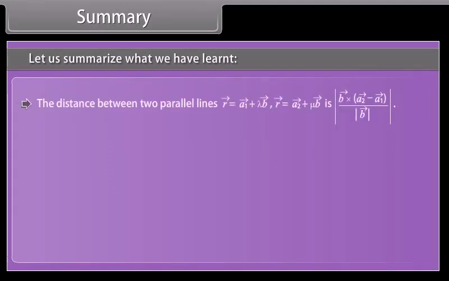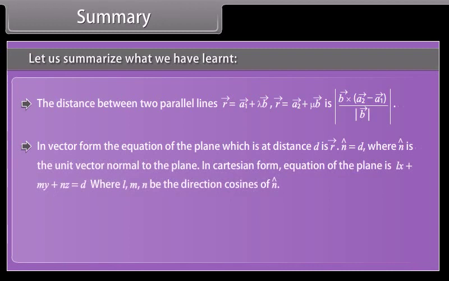The distance between two parallel lines is given by the following. In vector form, the equation of the plane which is at distance d is given, where n cap is the unit vector normal to the plane.